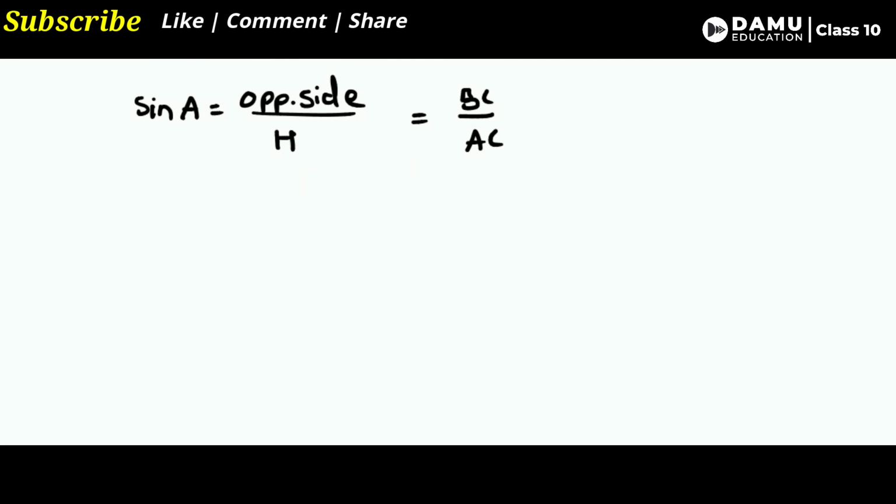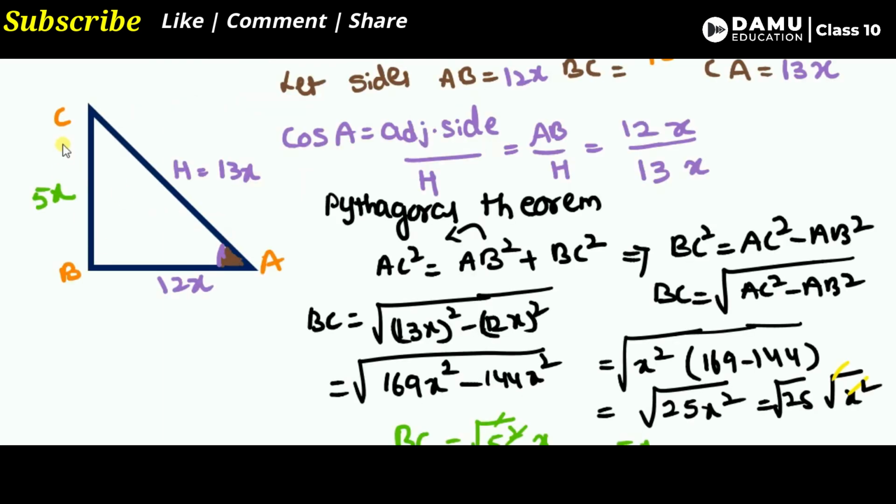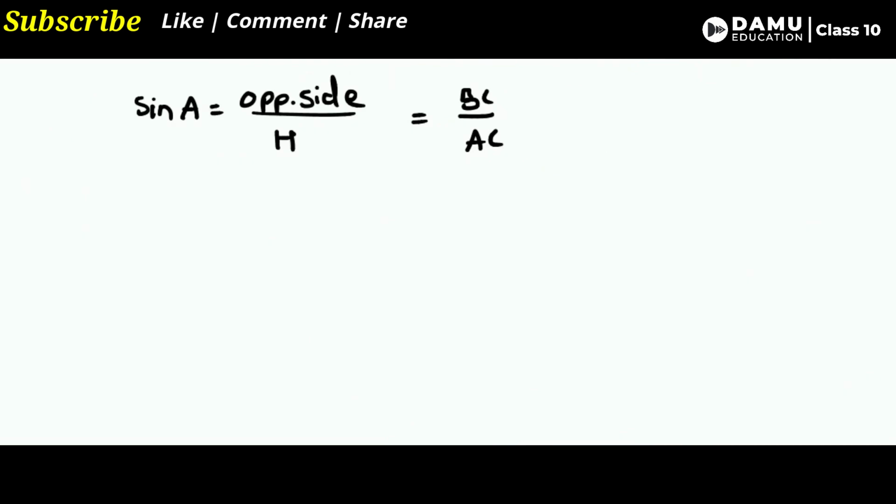You can check it here. So BC will be equal to 5x divided by AC, which is 13x. The x will cancel. Then we get it in the format of 5 by 13. So finally, sine A will be equal to 5 by 13.